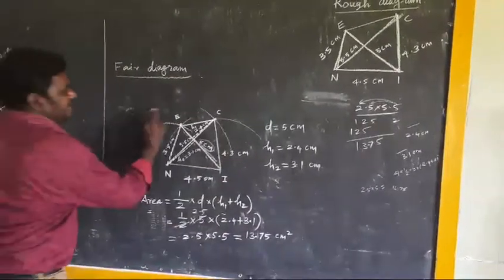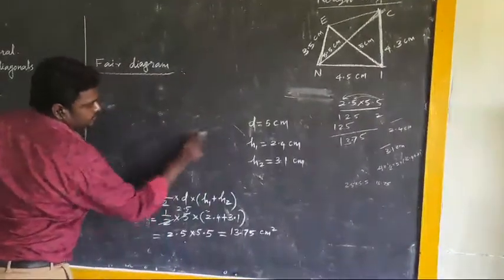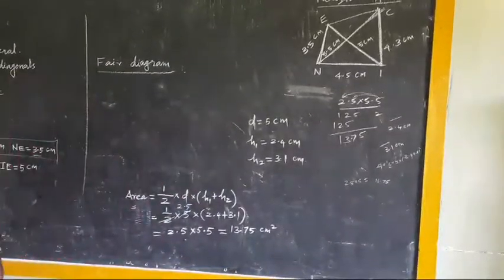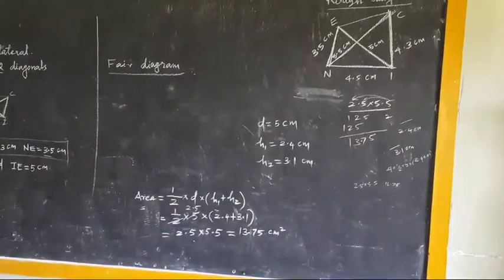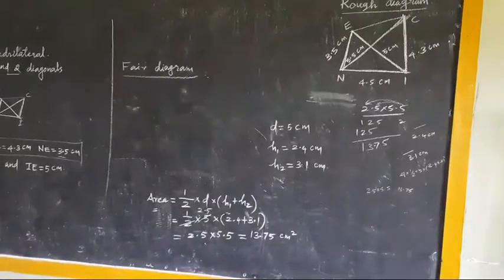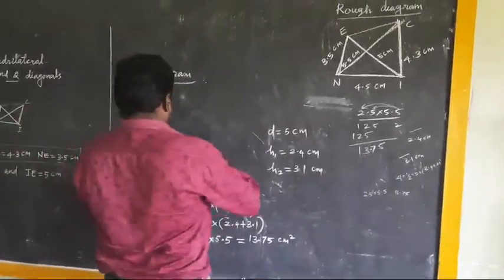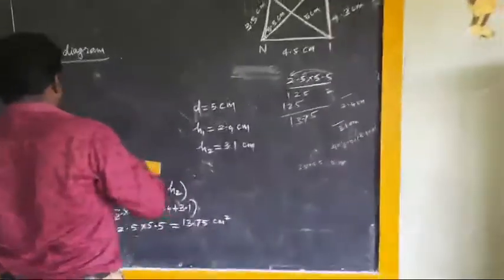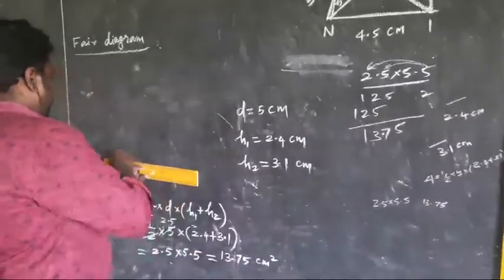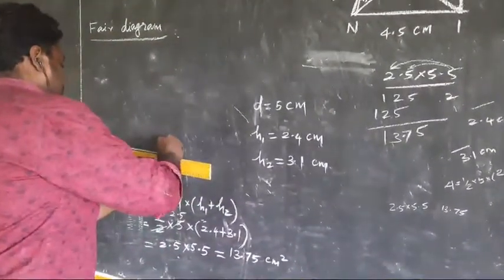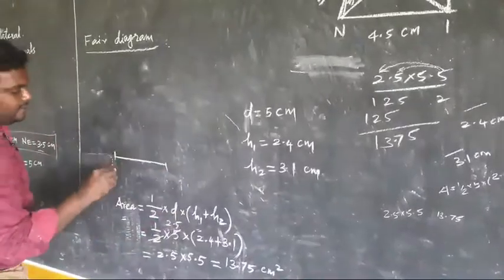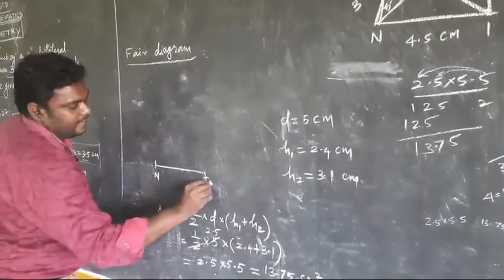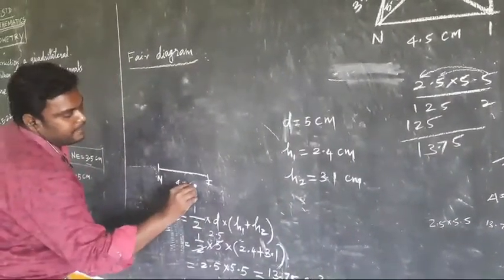One more time, I will explain. First, with the scale, I am going to draw a straight line of 4.5 centimeter.